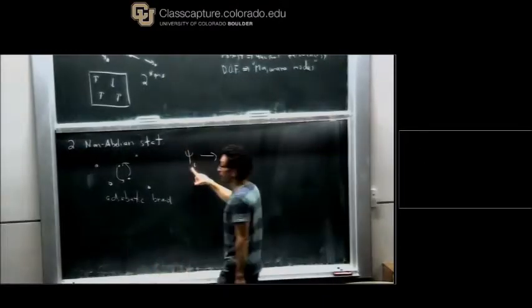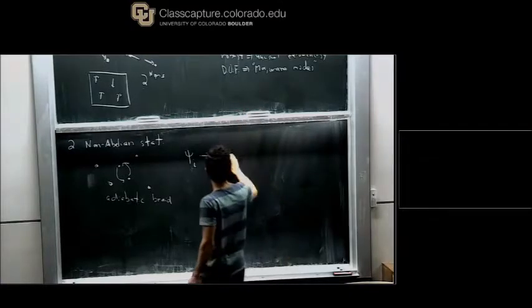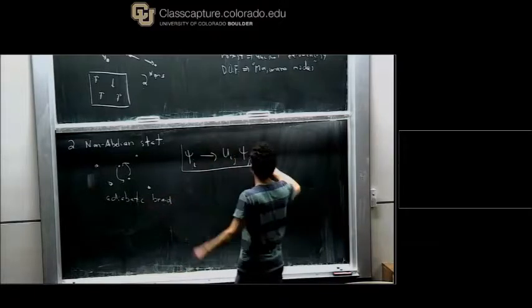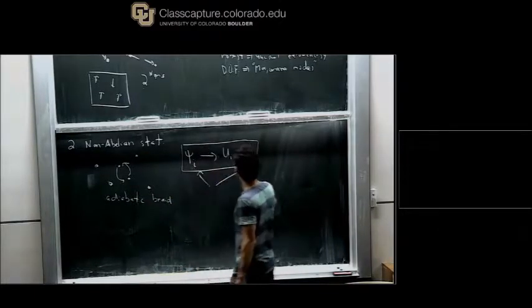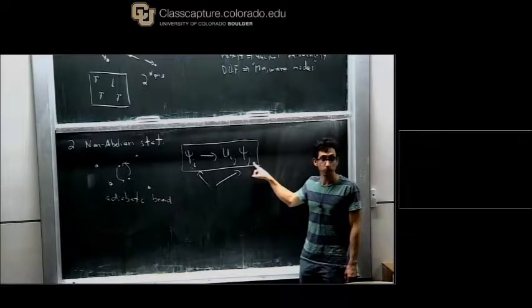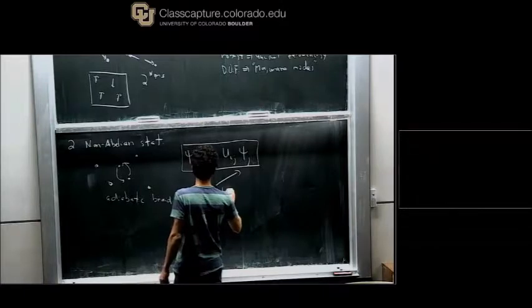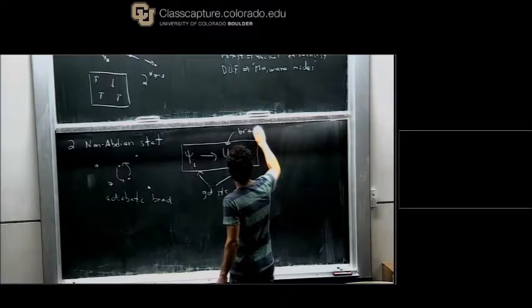Okay, so that exchange will non-trivially rotate my system within that ground state manifold. So this is the same equation I wrote over there, but now we can have a little bit deeper understanding here. These psi i and psi j correspond to ground states, and this U_ij that appears here is a so-called braid matrix.